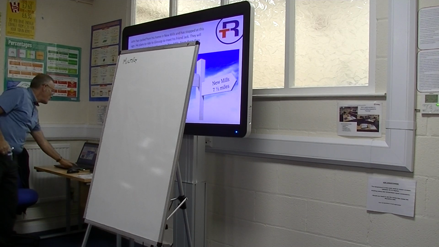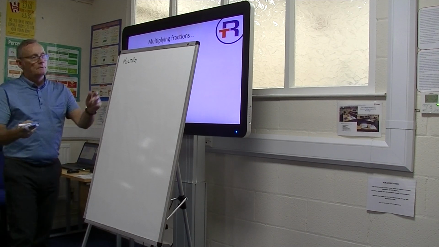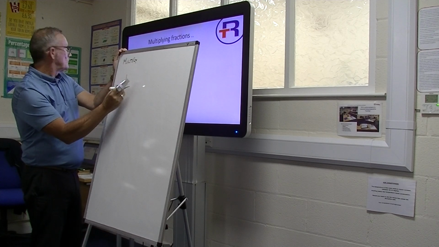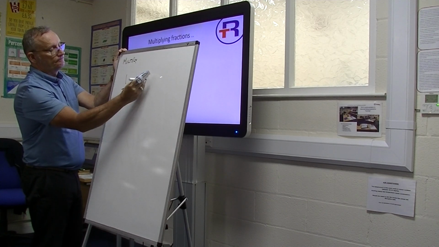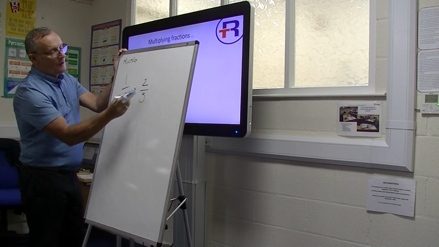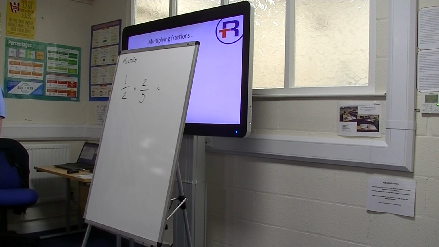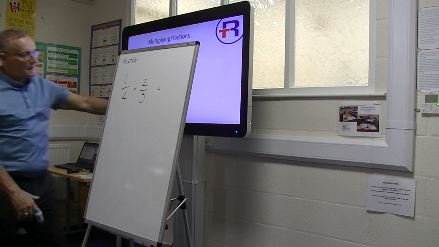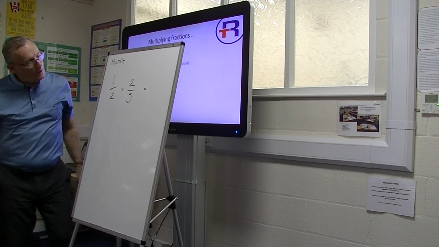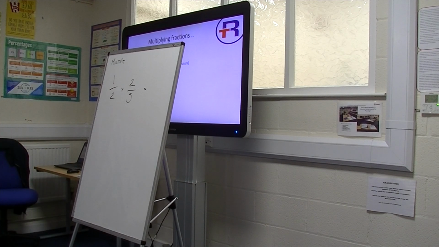I'm just looking at what the question is on here. A half times 2/5. When we're multiplying fractions, I want you to remember a little rhyme, and it's this. Multiplying fractions is no big problem.